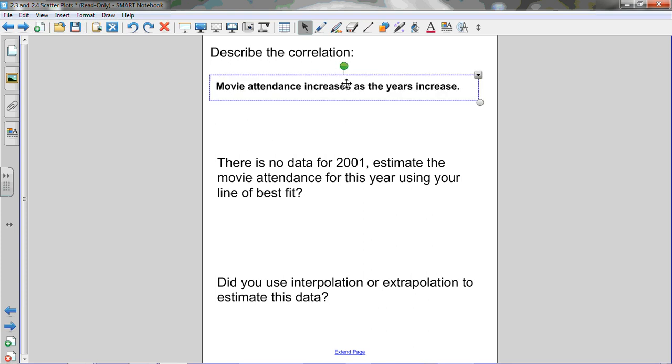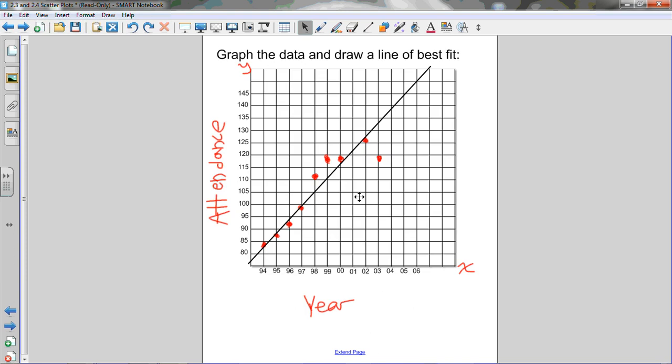Okay, there's no data for 2001, but we can estimate what we think the movie attendance would be using our line of best fit. So all we have to do is look at our line of best fit, go to year 2001, and go up to our line of best fit and plot a point there. I'm going to do it with a different color so it stands out.